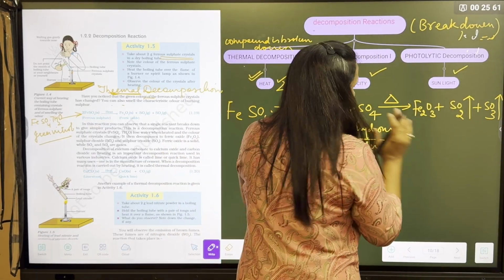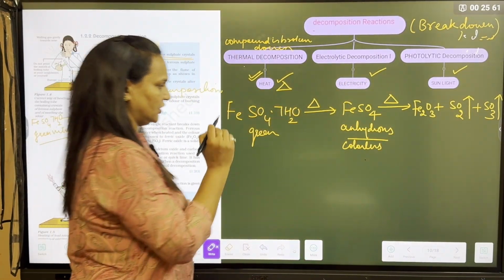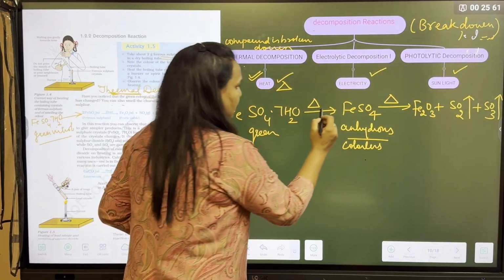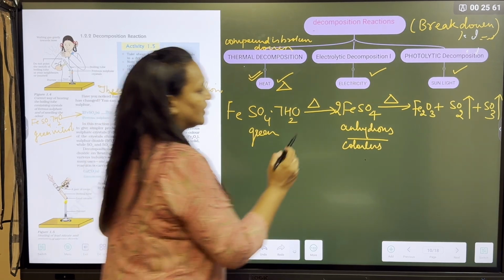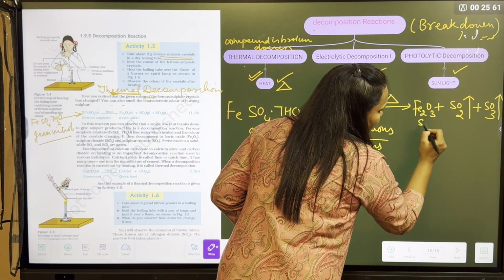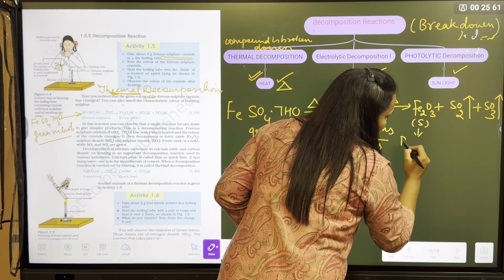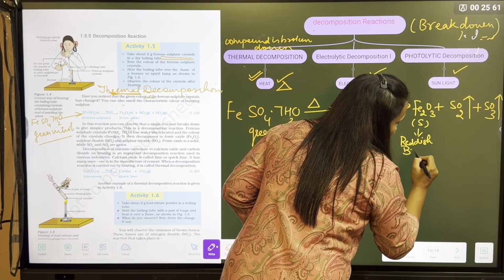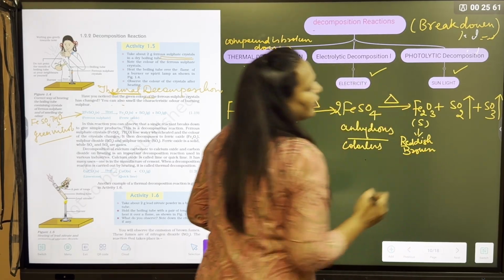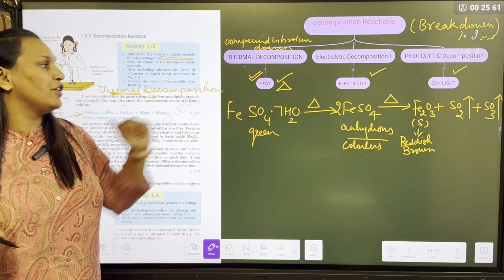Now, what are the characteristics of this reaction? First point, we have to balance. Put here 2FeSO4. Next, what is this? It is a solid, reddish brown. Please remember the characteristic, because sometimes they will ask the question, what happens when green vitriol is heated?